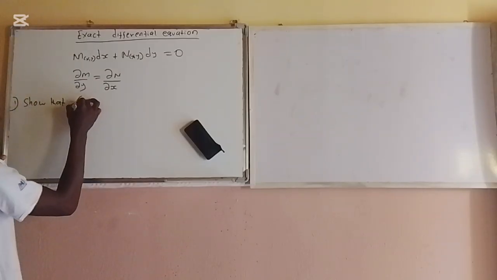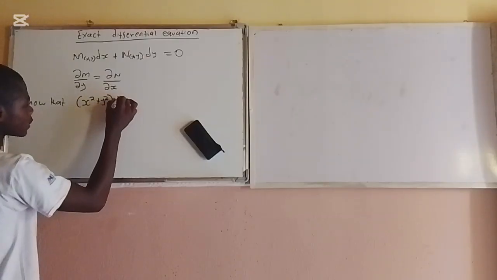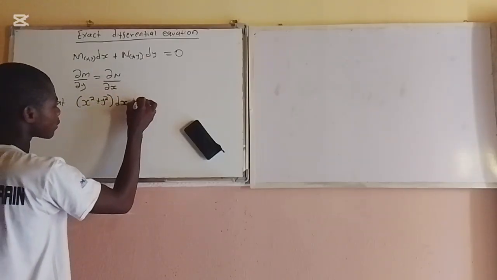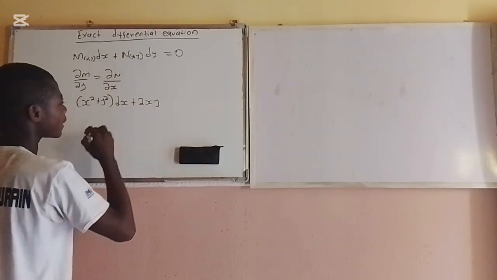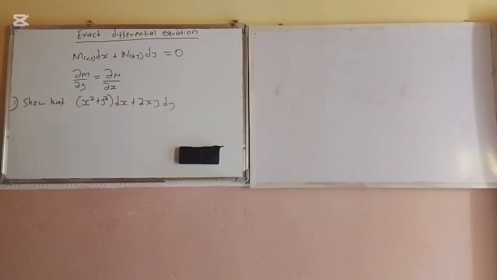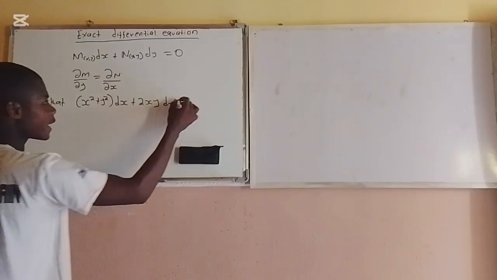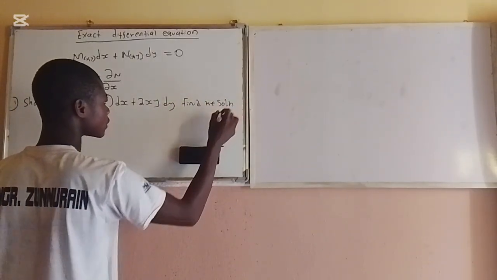show that (x squared plus y squared) dx plus 2xy dy. So I am asked to show whether the equation is exact or not exact, and then find the solution of it.